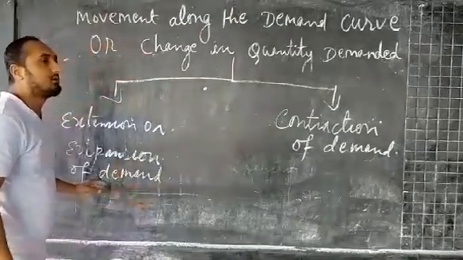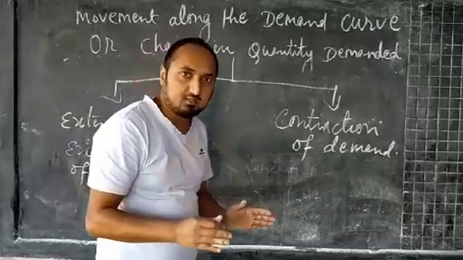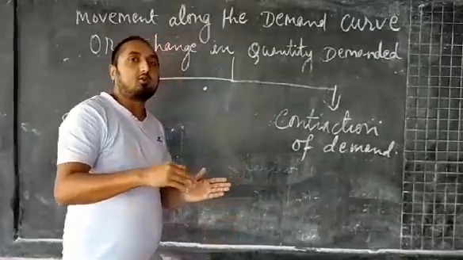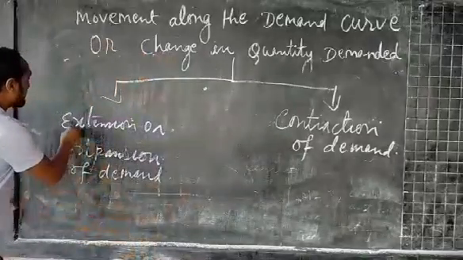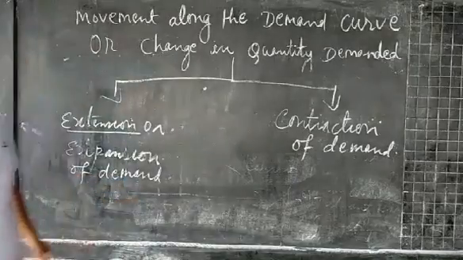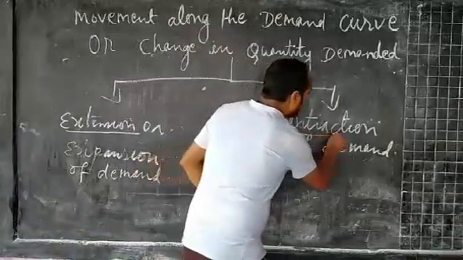Extension of demand means when the quantity demanded of a commodity increases due to a fall in the price of the commodity and the other factors remaining constant, then that concept is known as extension of demand or expansion of demand. Okay, next we have contraction of demand.